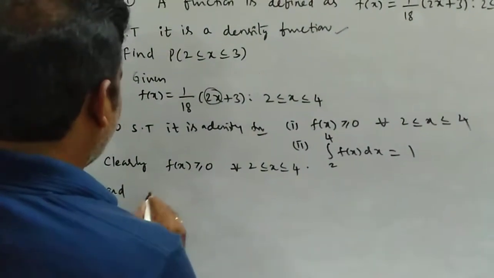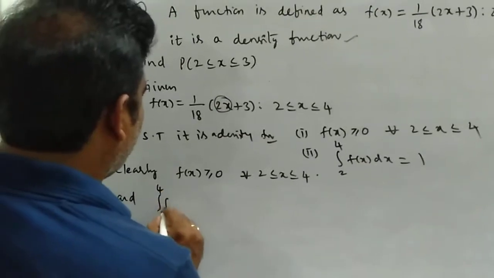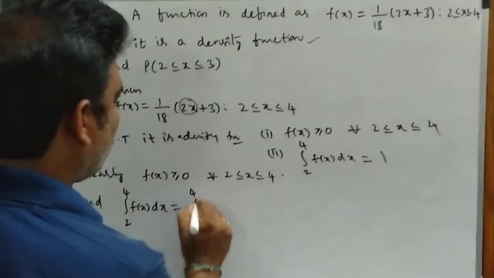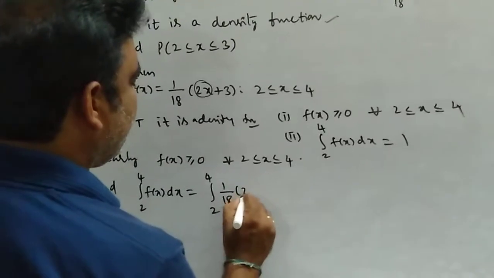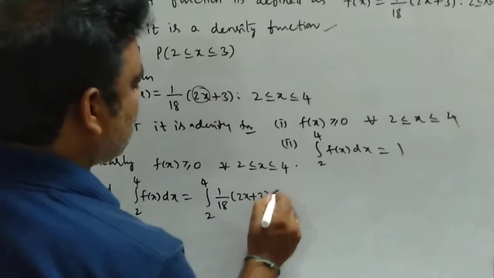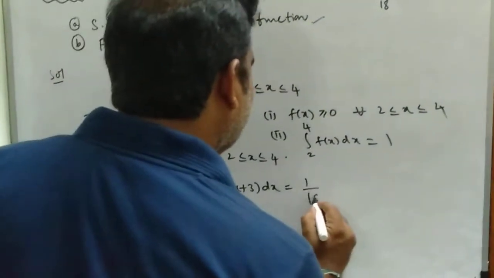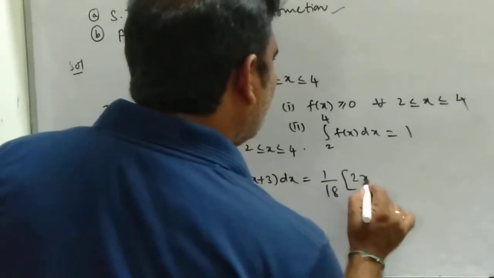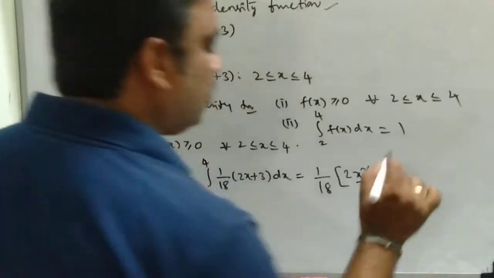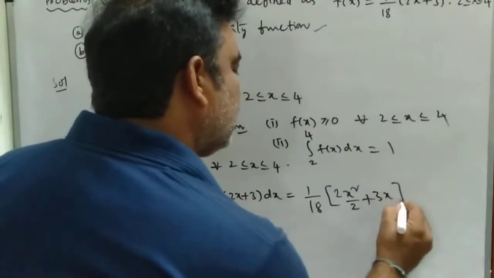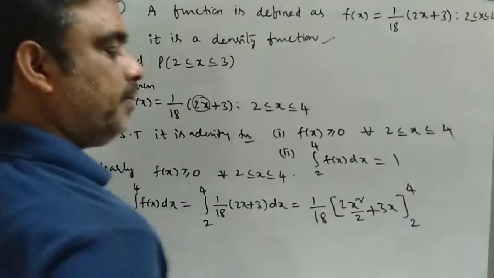Now the second one, integral 2 to 4 f of x dx. That is integral 2 to 4 of 1 by 18 into 2x plus 3 dx. So 1 by 18, integration of 2x is 2x square by 2, plus integration of 3 is 3x, with limits between 2 and 4.